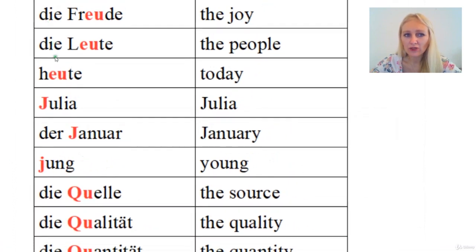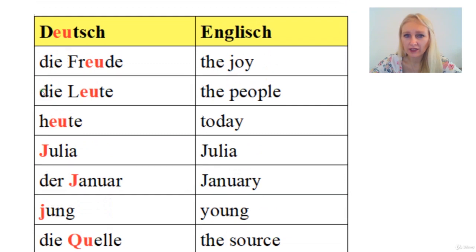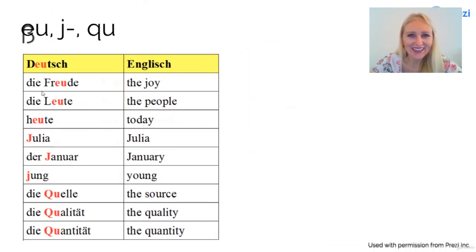And die we also use as a plural article. So any words that we have in the plural, so more than just one, no matter whether they are people or objects, no matter which gender this word actually has, whenever you use a plural article, it's always die, the same as the feminine article. Okay, but no worries, we will learn that all in this course.